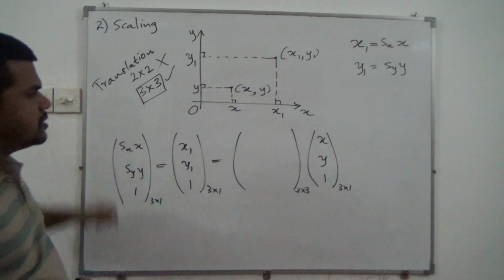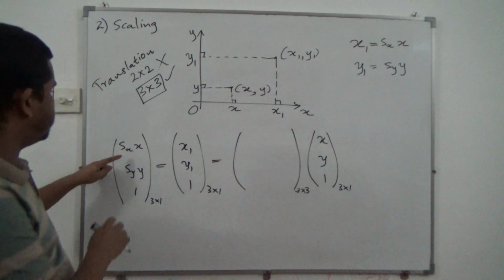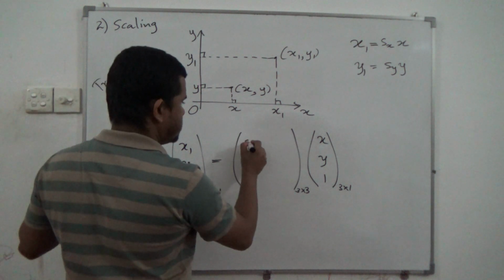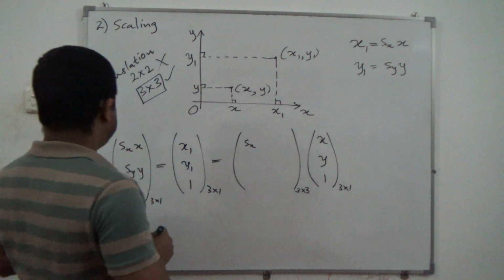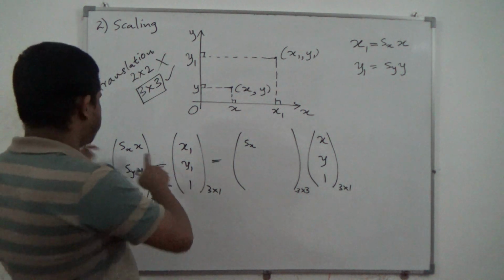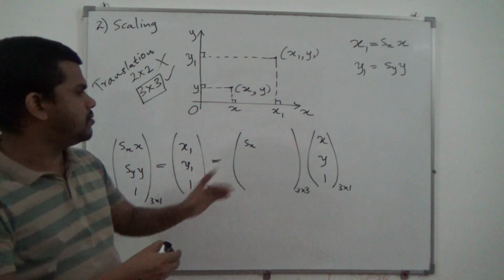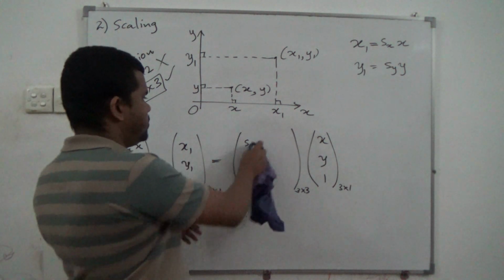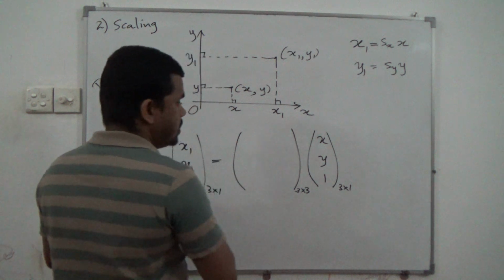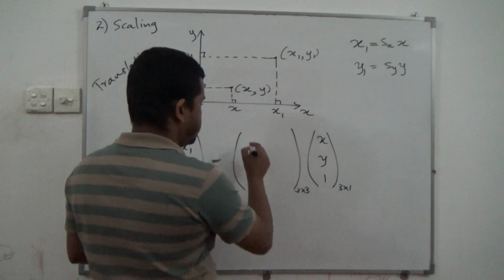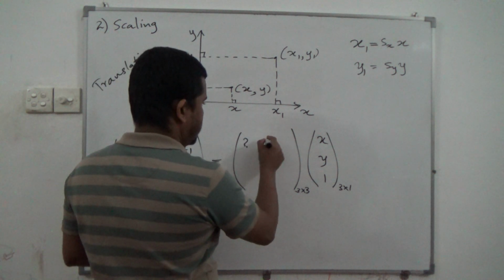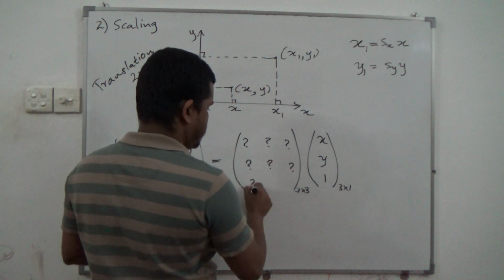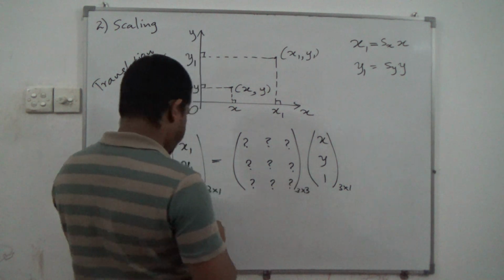Now, if we can find such a matrix, then that is a 3 by 3 matrix. So, in order to get sx x, here we have Sx, and from the first multiplication we get that. 3 cross 3 means there are 1, 2, 3, 4, 5, 6, 7, 8, 9 elements.